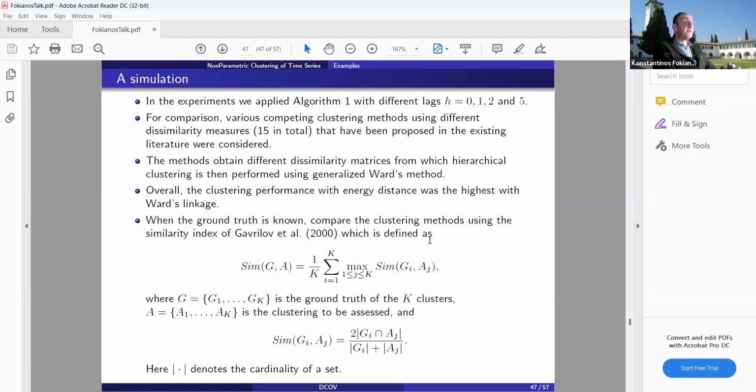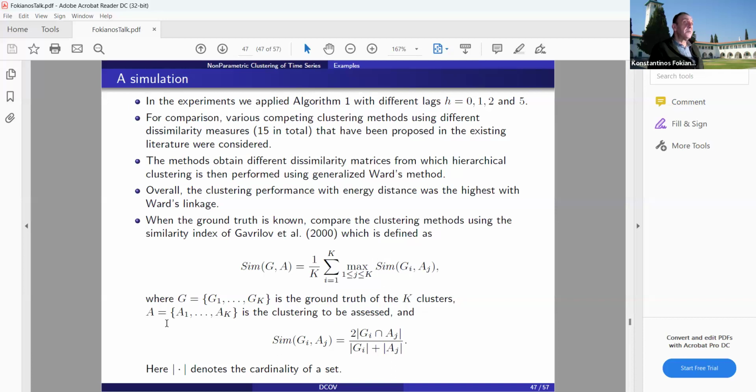To check against the ground truth, there is an index defined by this. This is disputable, of course, but people use it, especially I have seen it several times in computer science literature, and of course there are also works in statistics. There is a ground truth because we have simulations, and A is the clustering, so we can take this similarity index between these two. You see this will be 0 if the clustering is not good, and 1 if the clustering is perfect.